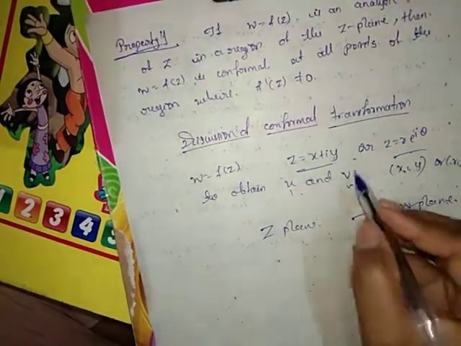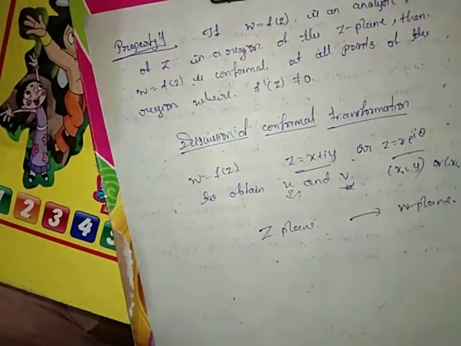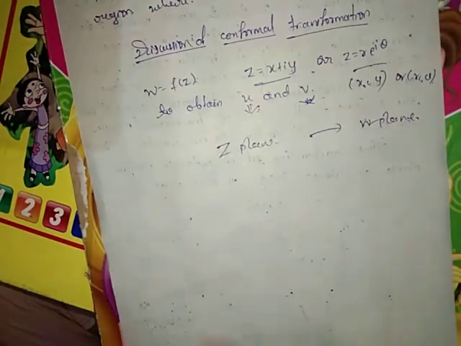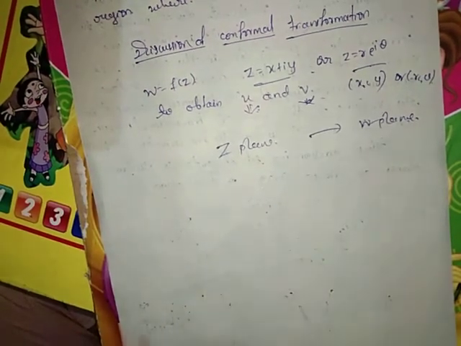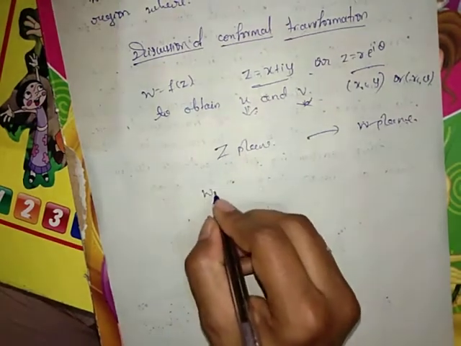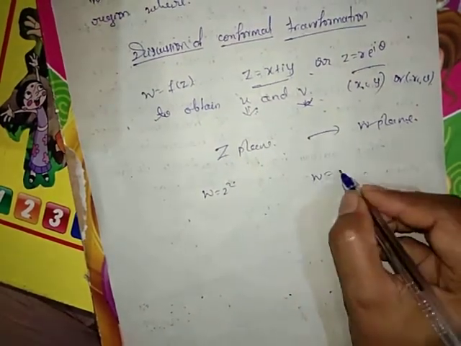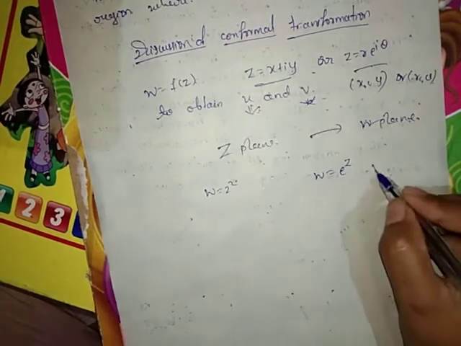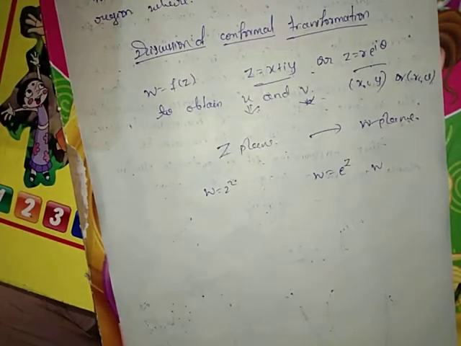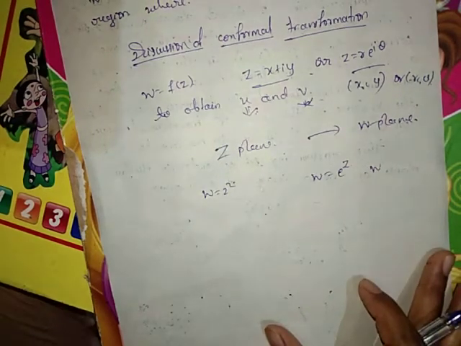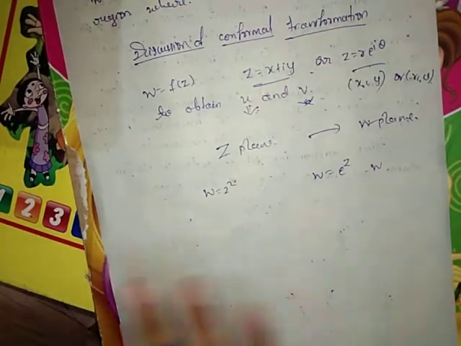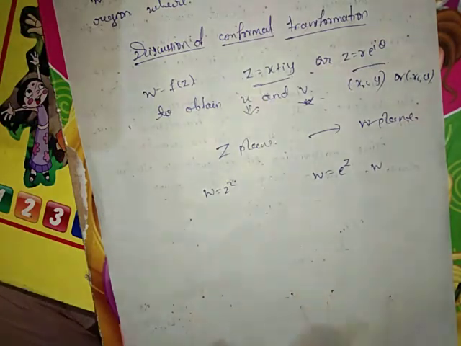At the end of the discussion of every transformation, there are some questions on each different kind of transformation. When we start, for example, w equal to z square, w equal to e raised to z, w equal to z plus 1 by z, these are some standard transformations that will be used.